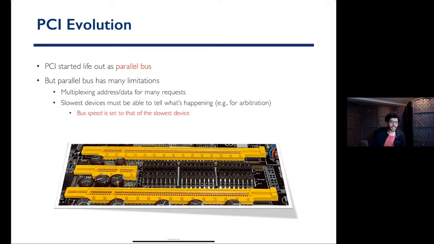Multiplexing address and data on a parallel bus is really hard. And if you have multiple devices connected to this parallel bus, you have to make the frequency of the bus synced with the slowest device, because all of them have to be able to understand the messages on the bus. So if one of them is slow, the bus has to bring itself down to the level of the slowest one.